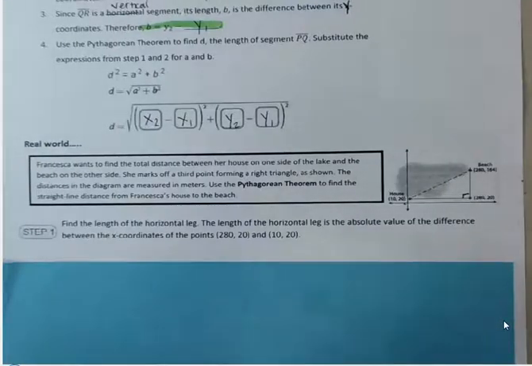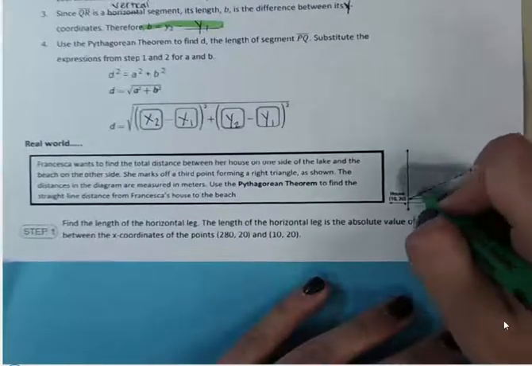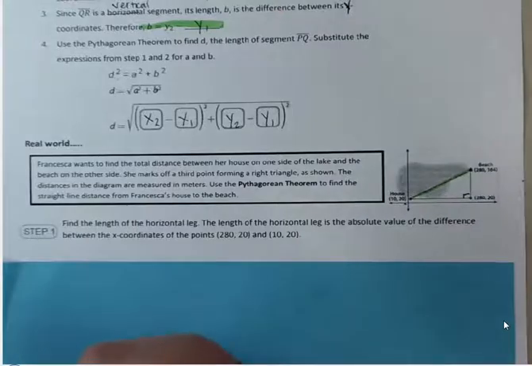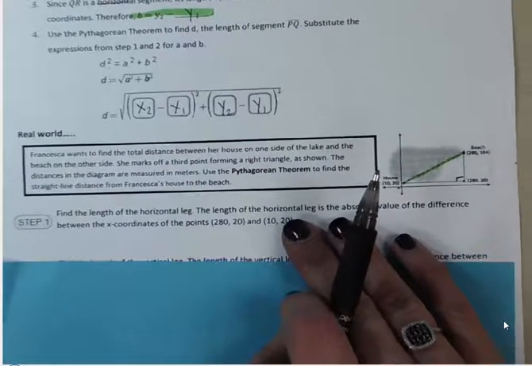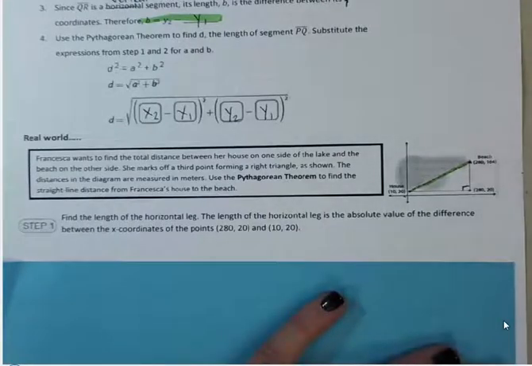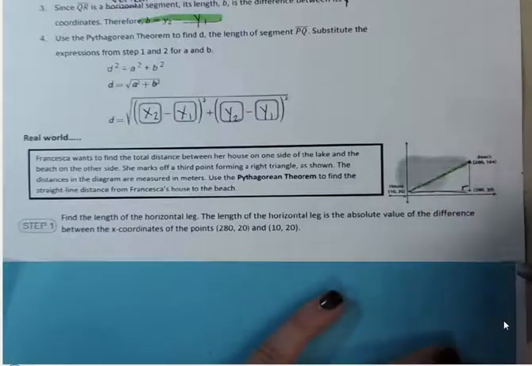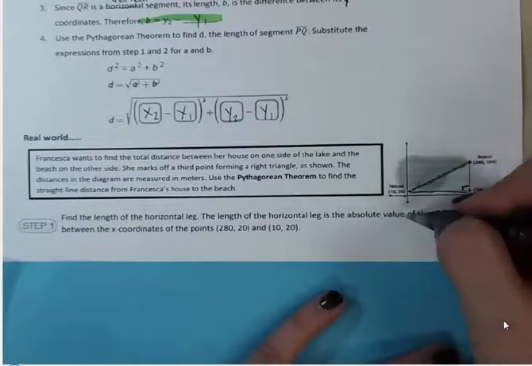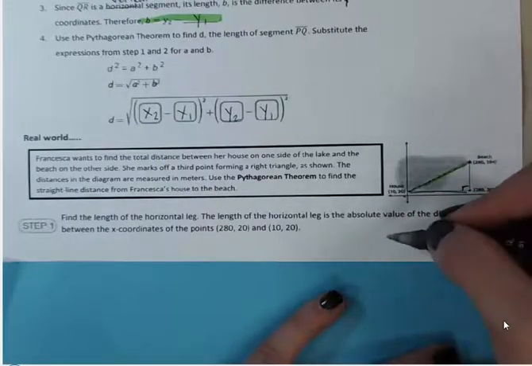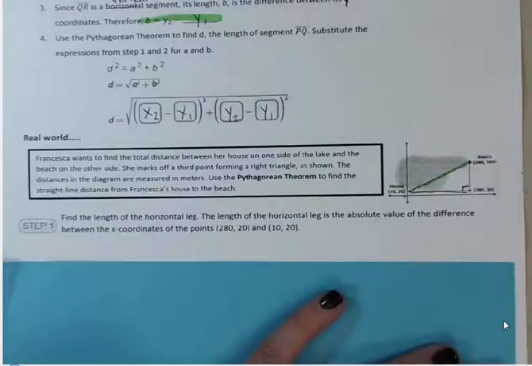So again, we're trying to find our hypotenuse, and we can always find a missing side of a right triangle by using the Pythagorean theorem. So find the length of the horizontal leg. Horizontal leg is this one. It says the length of the horizontal leg is the absolute value of the difference between the x-coordinates. Okay, absolute value, remember, that's never going to be a negative number. It literally is just how many spaces away a number is from 0.